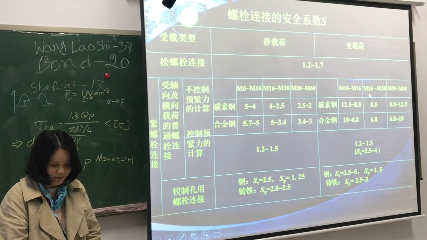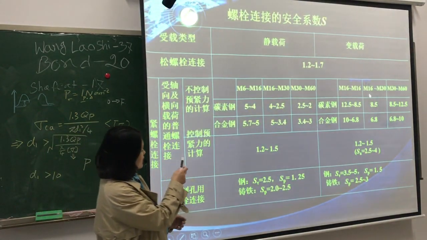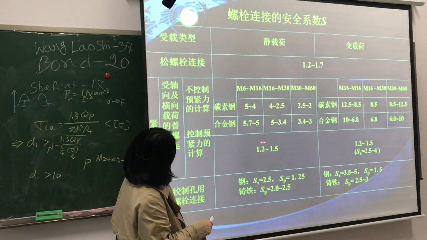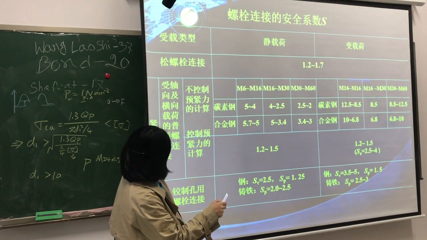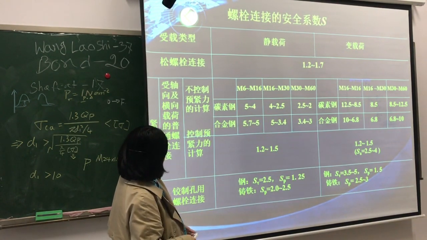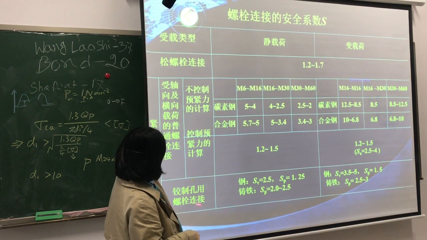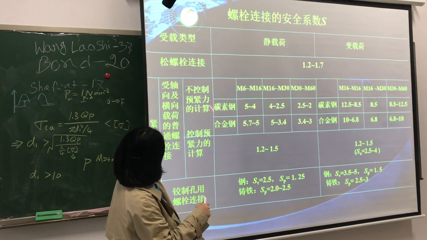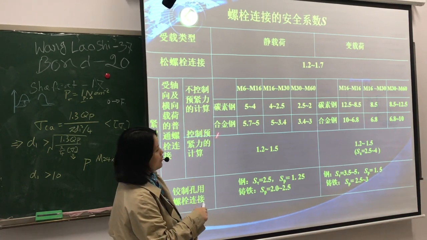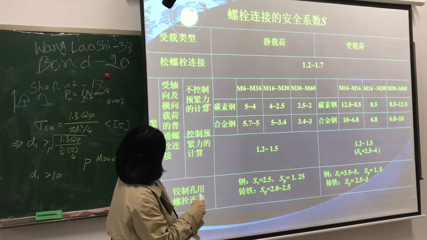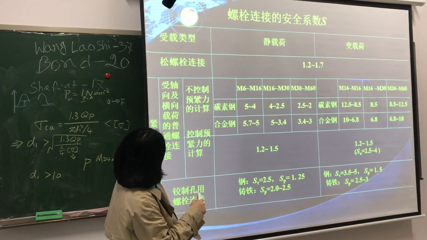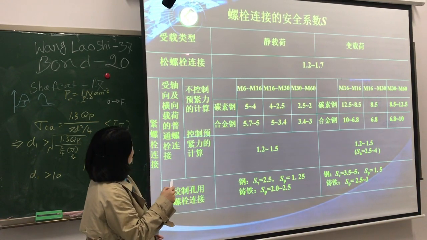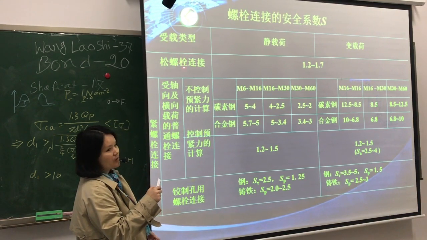And from this table, we can look up the S. This is for the ordinary bolt, bearing tensile stress, and this is for the bolt without preload.